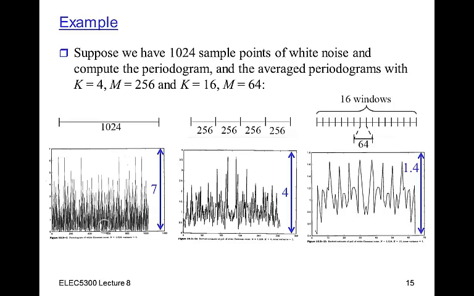Instead, we could take those 1024 points and divide them into k equal to 4 bins, and each of those bins has m equal to 256 points. Or we could take those 1024 points and divide them into k equal to 16 windows, where each of them has 64 points.